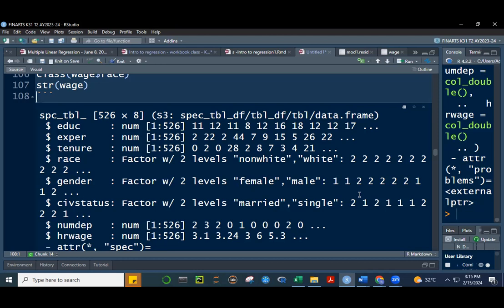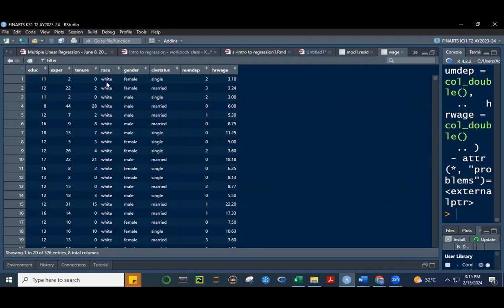So let me ask you first, kay gender, kay race, sino yung mauuna alphabetically? Si non-white. Non-white is alphabetically mauuna, no? If I go to wage, wage here, okay, si race, ang nauna si white.